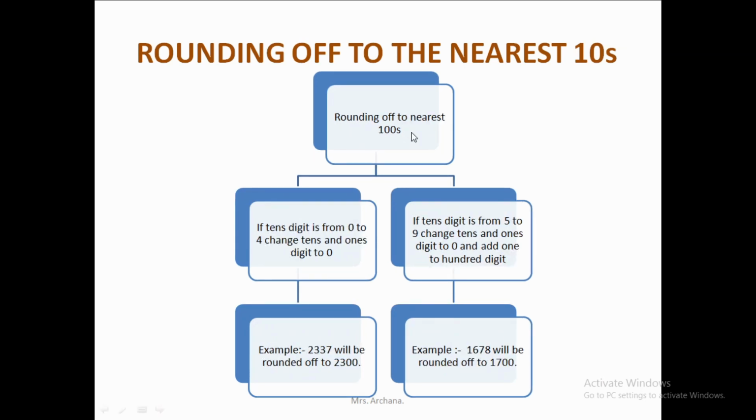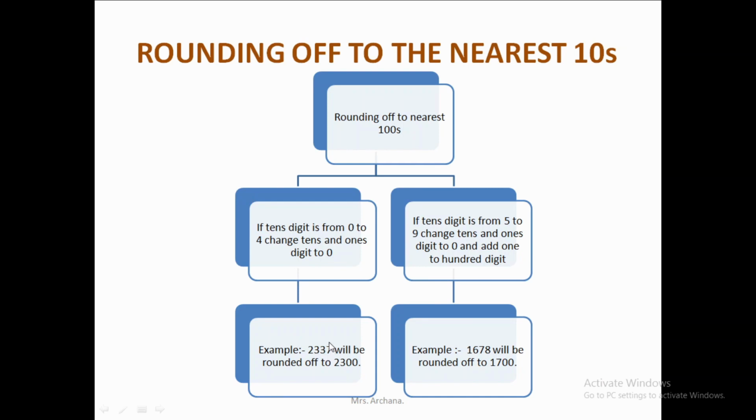Now rounding off to the nearest 100. This one also we have divided into 2 parts. But here we look at the tens digit. If the tens digit is from 0 to 4, change the tens and ones digits to 0. See here the example, 2337.